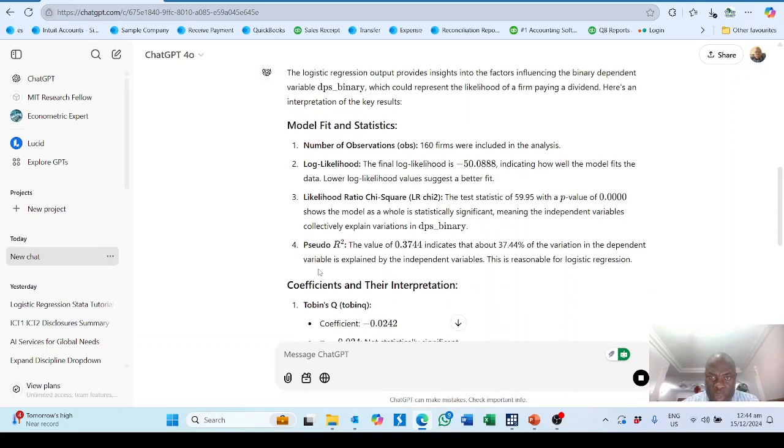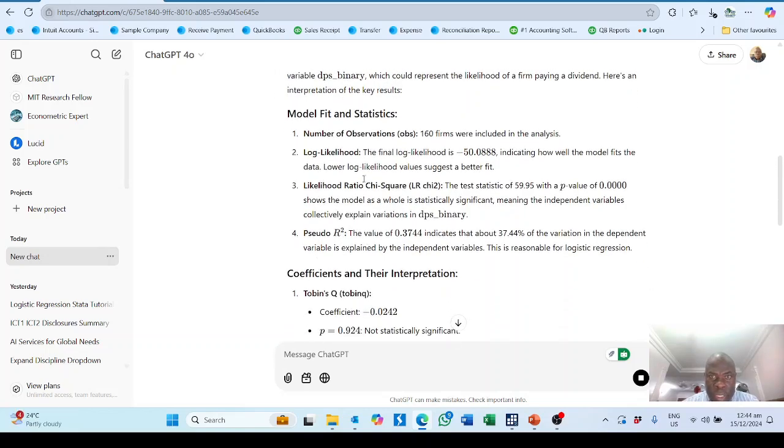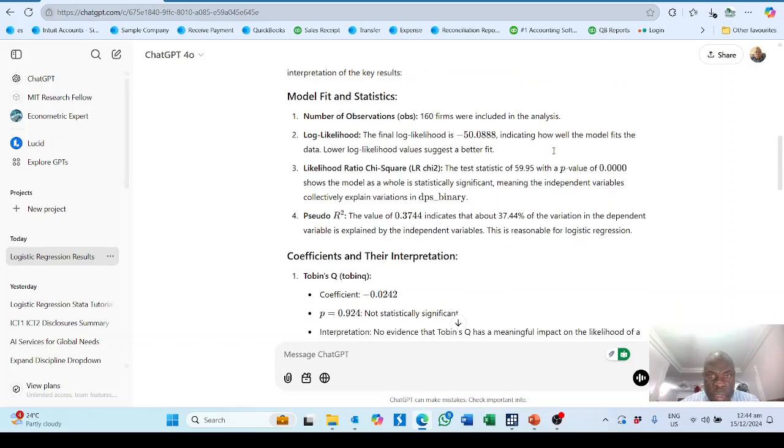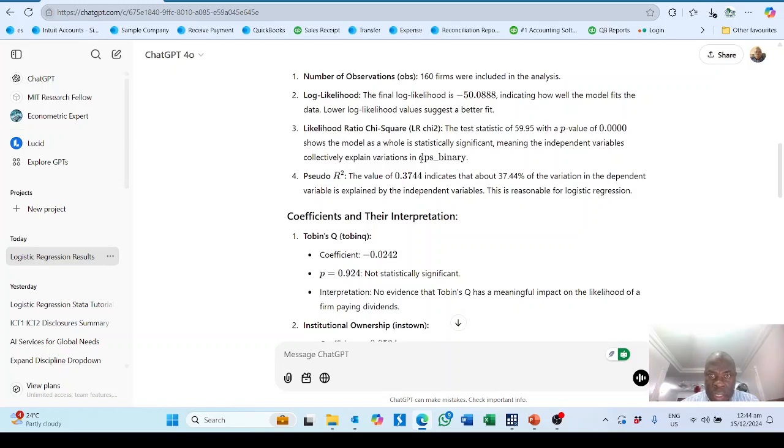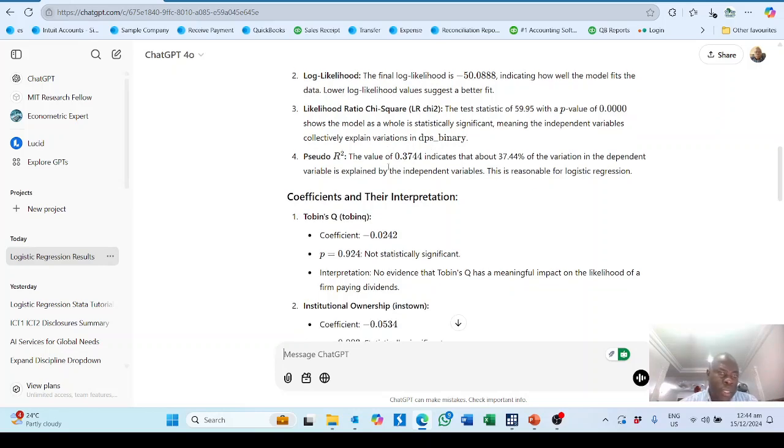So number of observations, 160 firms, log likelihood is minus 50.088, indicating how well the model fits. Like I explained earlier, our chi-square is highly significant, meaning the independent variables collectively explain the variation in the binary dividend payout.